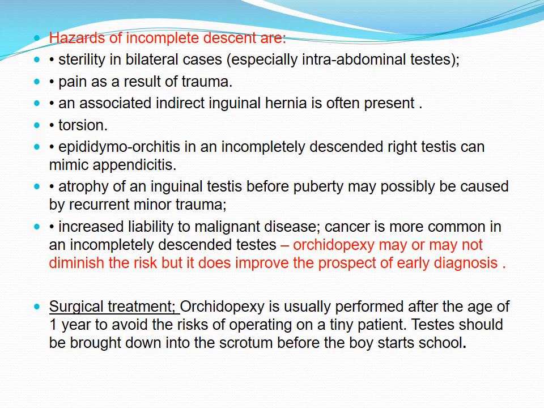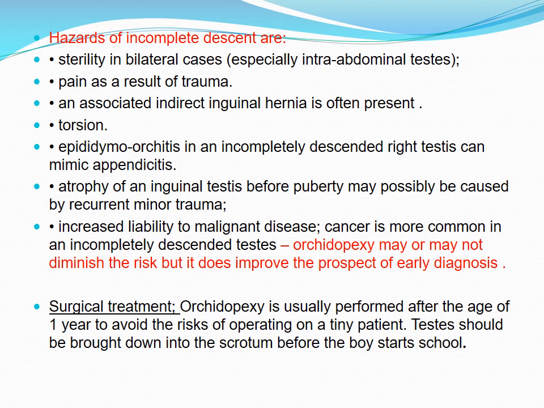The treatment of undescended testis or incomplete descent testis is by orchiopexy, in which we explore the testis and fix it to the normal position in the scrotum. It should be done in early life, but after the age of 1 year, to avoid the risk of surgery and anesthesia during the early months of life.